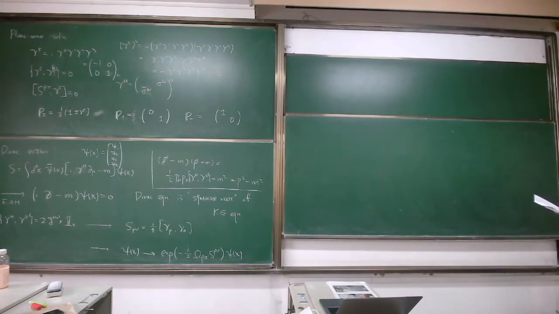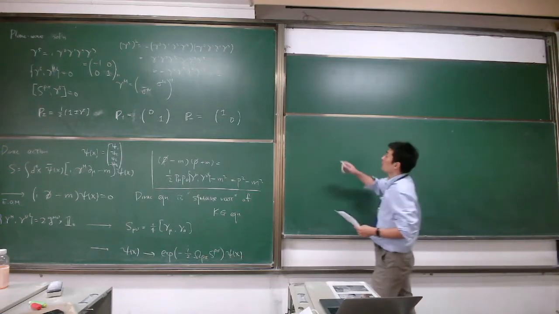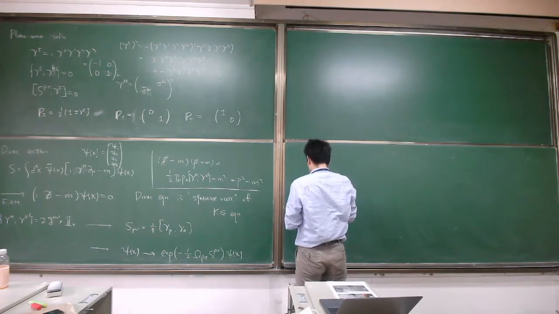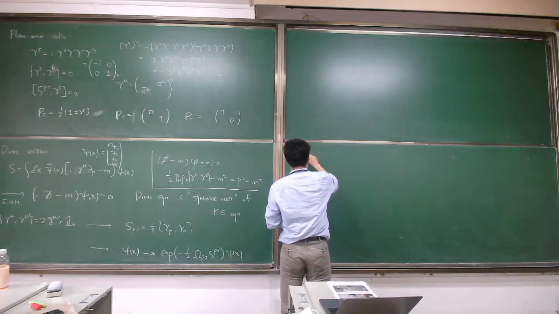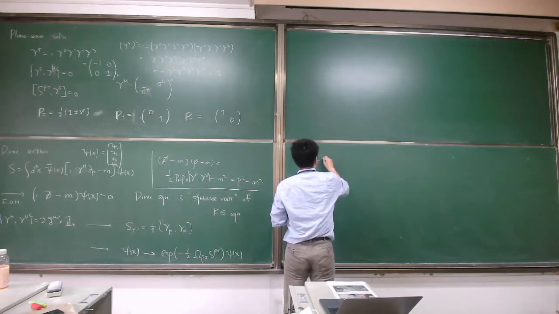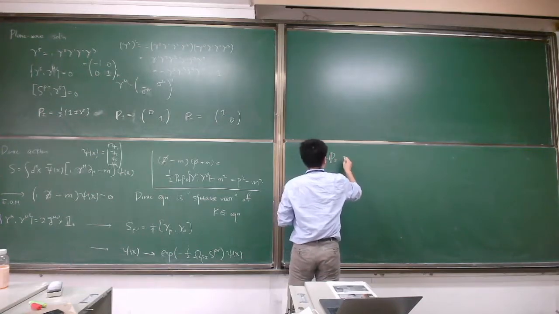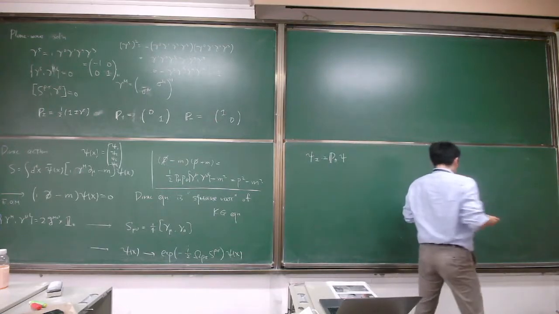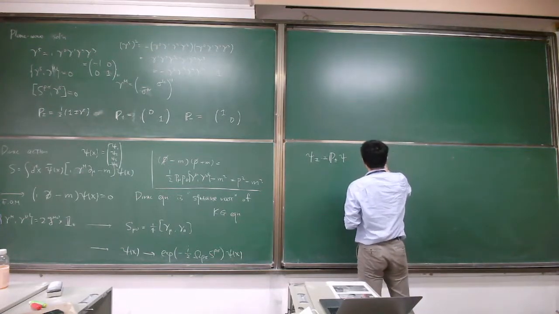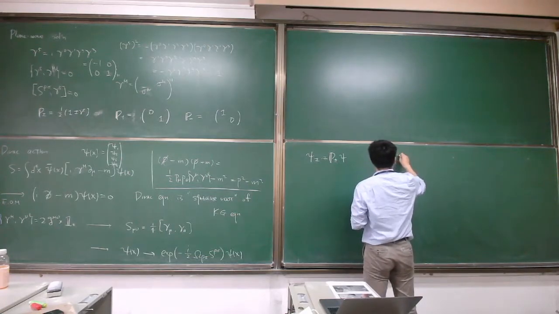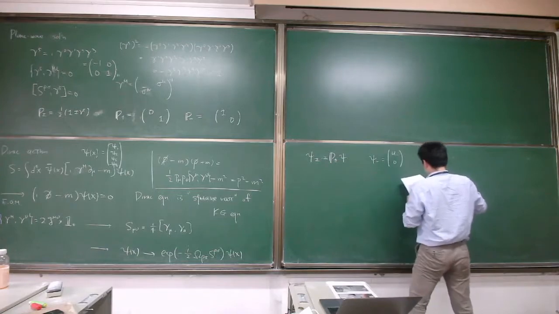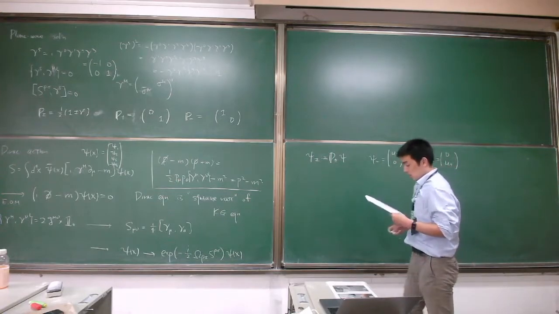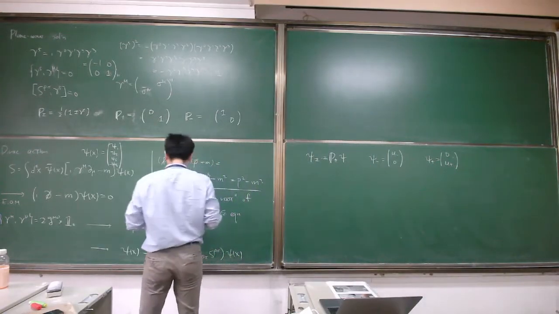And so we define psi plus minus as P plus minus psi. Therefore psi minus keeps the upper two components, and psi plus is the lower two components.